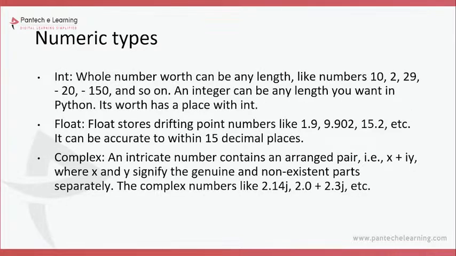I told that in numeric we have three different types: integer, float, and complex. Integer numbers are like 10, 29, minus values and so on. Float has decimal places, floating point numbers like 1.9, 9.902.